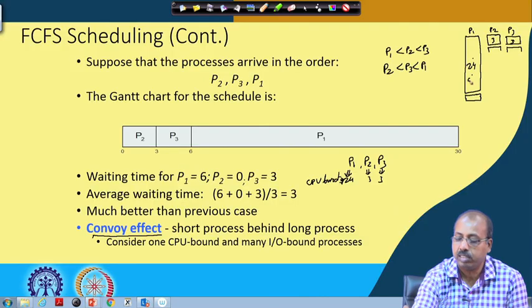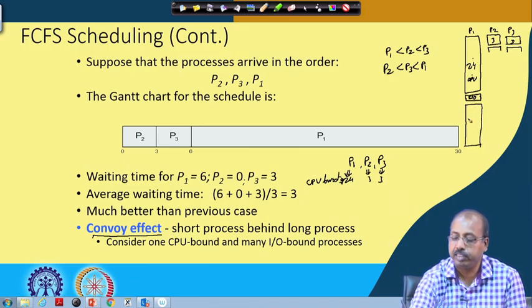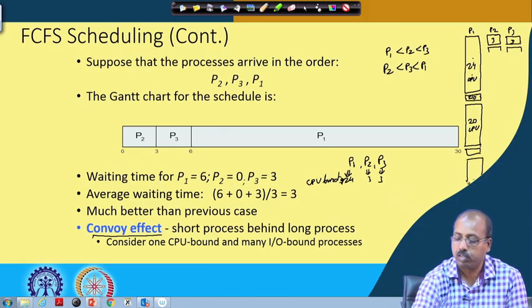So, this is the CPU burst, this is the next IO burst, and after that it will again enter into a big CPU burst. That is the nature of these CPU bound jobs. Maybe this time the CPU burst size is 20. Then again it does a small amount of IO, and then again it goes for a large CPU burst. That way it works.